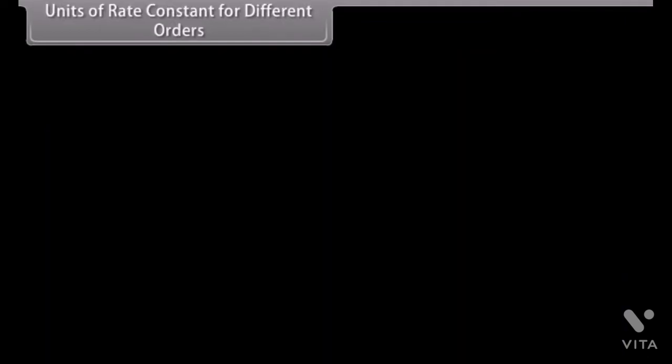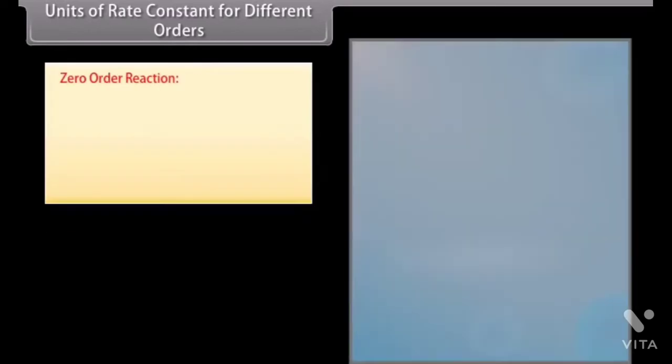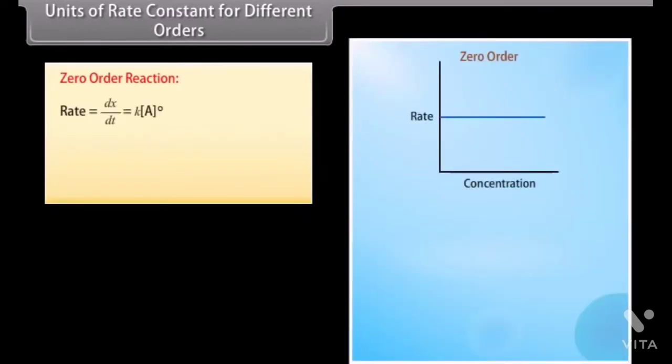Units of rate constant for different orders. Zero-order reaction: rate is equal to dx by dt, which equals the product of K and [A] raised to the power 0. Thus, the units of the rate constant for a zero-order reaction are mole per liter per second.